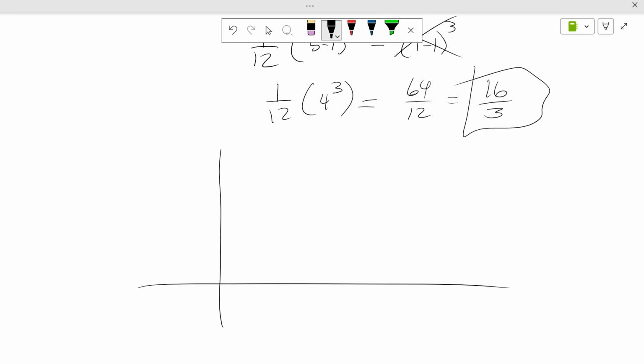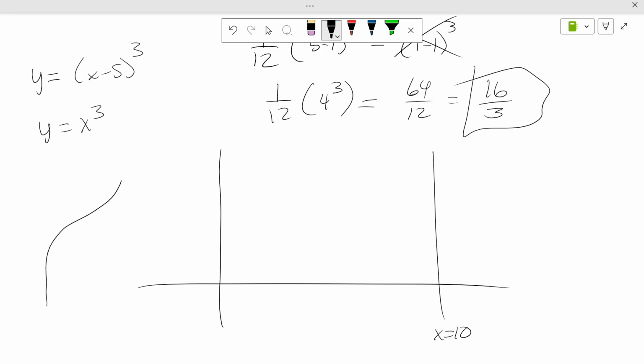Okay. You have a line x equals 10. You have a function y equals x minus 5 to the third power. Now, what does y equals x cubed look like? Looks like that, right?